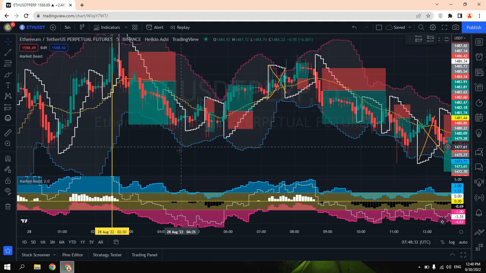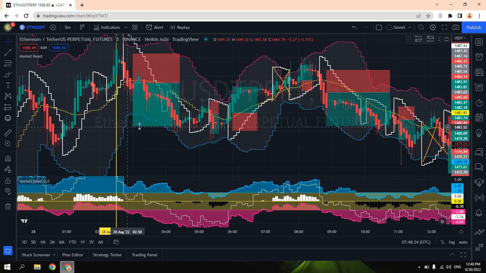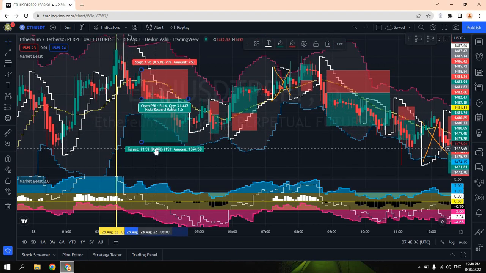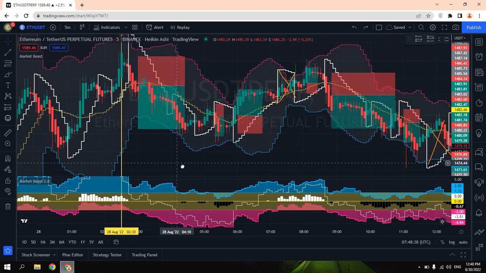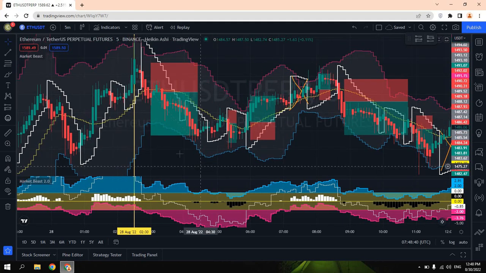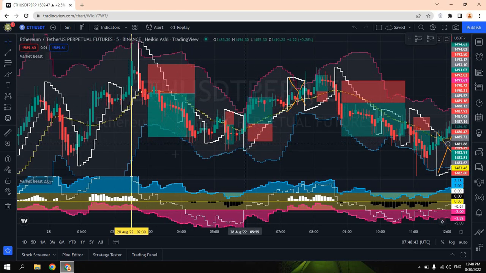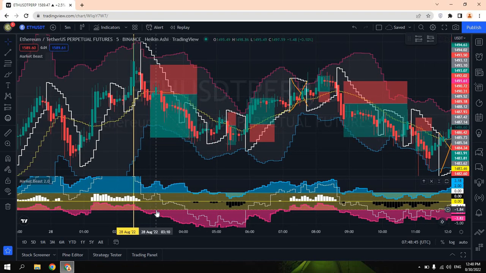Let's see some trades here. I took the first trade here. So our first entry is a short entry. Why? Because the pink area is getting dark and bigger while the blue area is small.